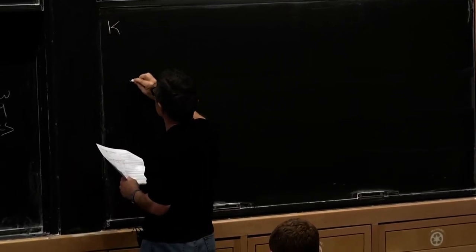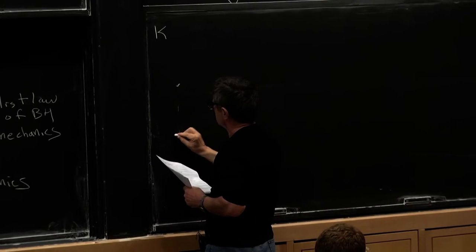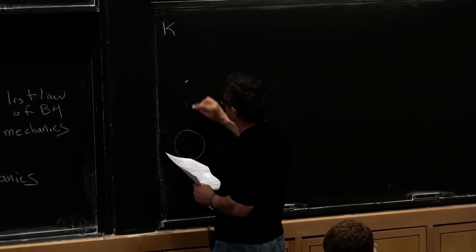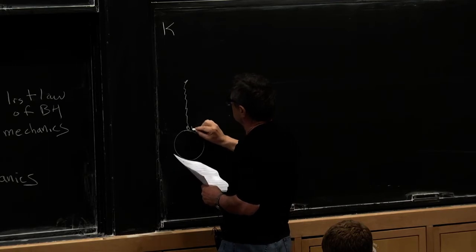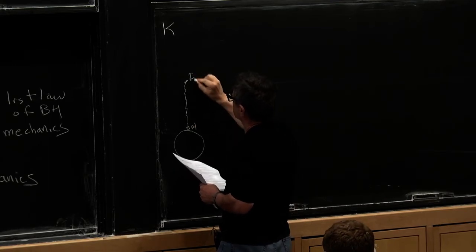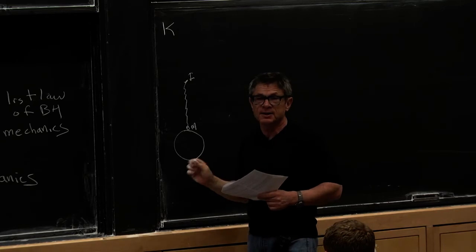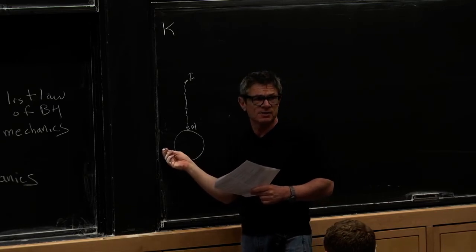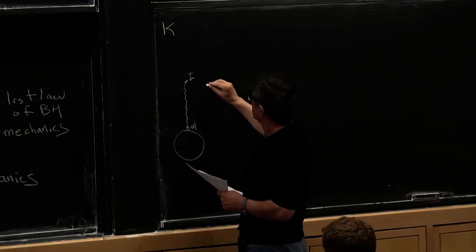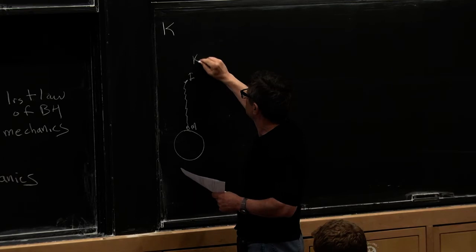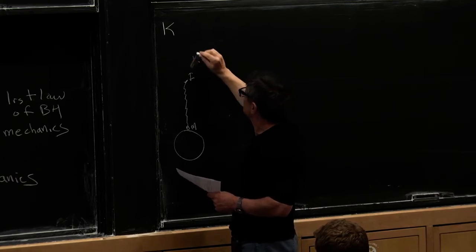So the idea of the surface gravity, just to remind you, is you take a mass, you hang it on a rope that doesn't stretch, and you ask what force you have to apply here to keep it stationary just above the horizon. Then you take the limit of that force as the thing approaches the horizon, and that gives the surface gravity. So it's a measurable thing.